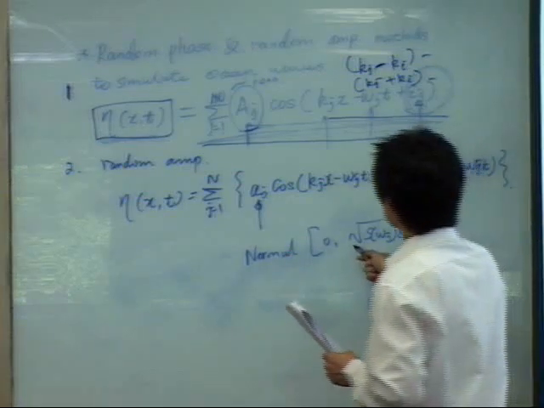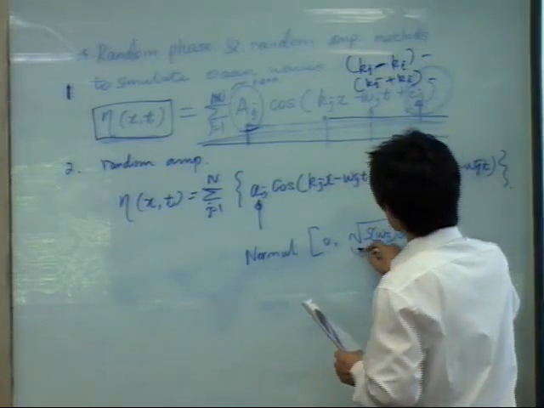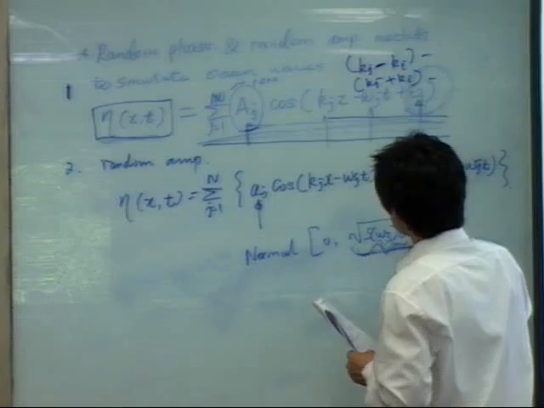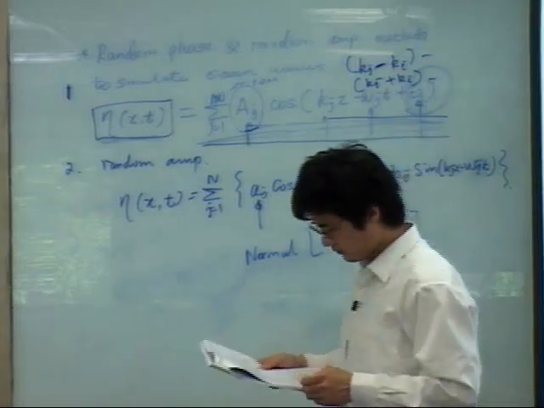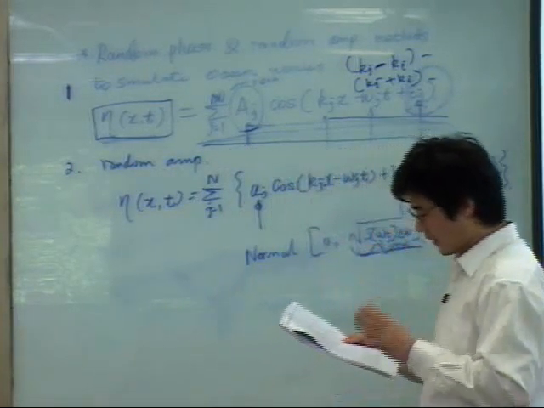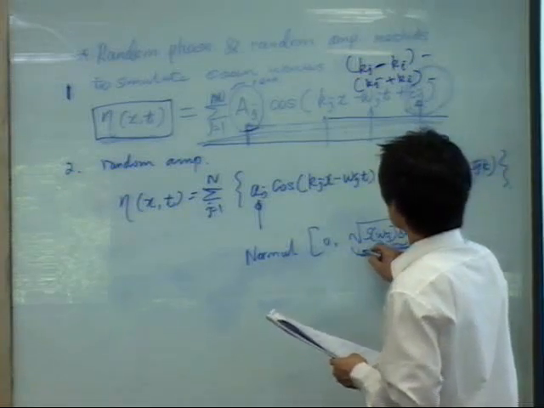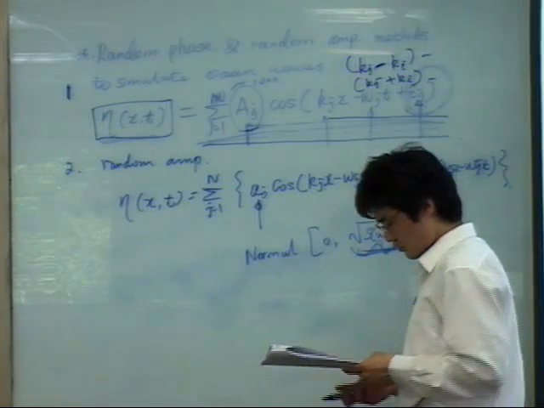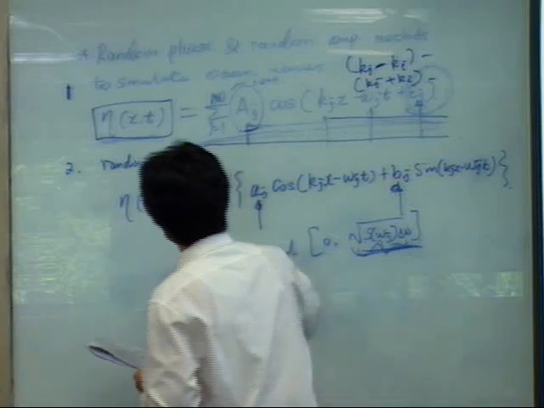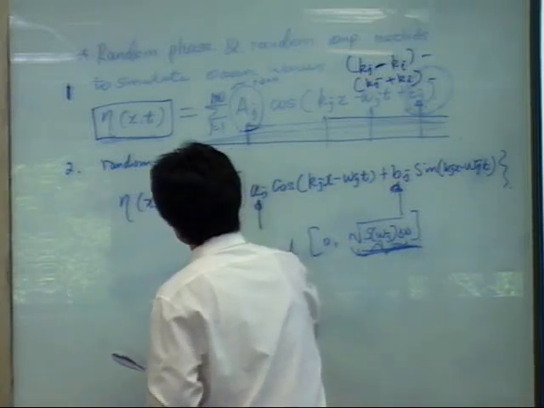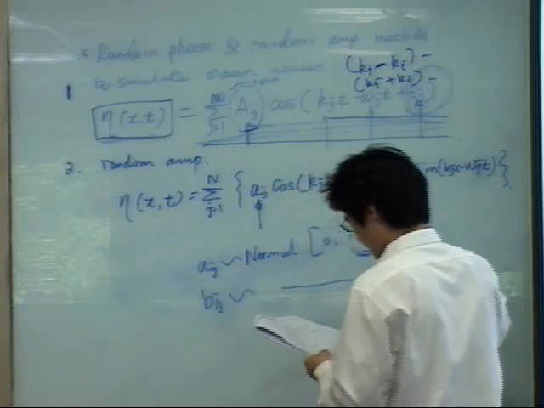Instead of using this as the amplitude, we use this as a control input to the normal distribution, we say A_j follows, and B_j, similar thing.